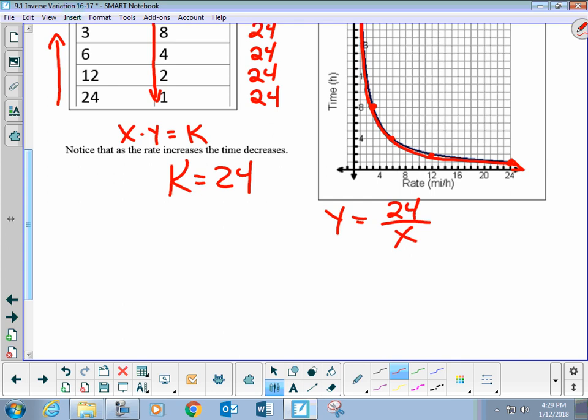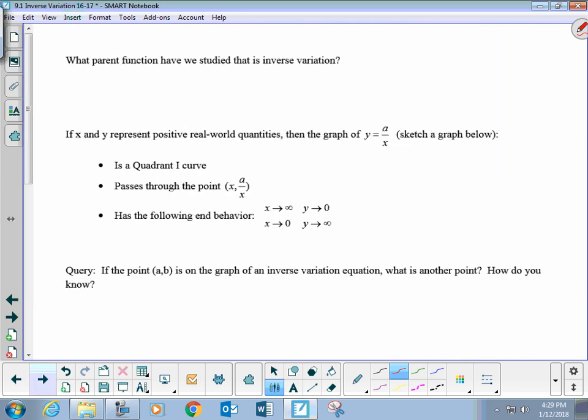Now, that graph right there, we've seen part of it. We've seen it with a little bit more to it, but when I talk about y equals k over x, this very much is what we saw when we looked at the parent function of y equals 1 over x.